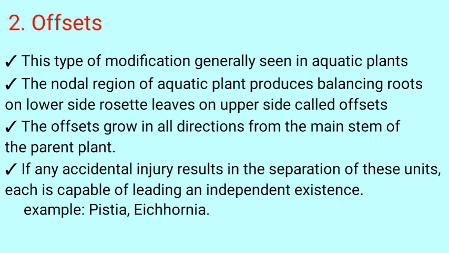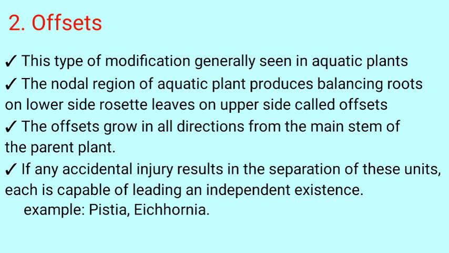The second type of subaerial stem modification is offset. Generally, this type of modification is seen in aquatic plants. The nodal regions of an aquatic plant produce balancing roots on the lower side and rosette leaves on the upper side, called offsets.